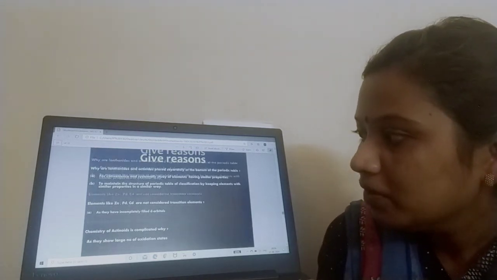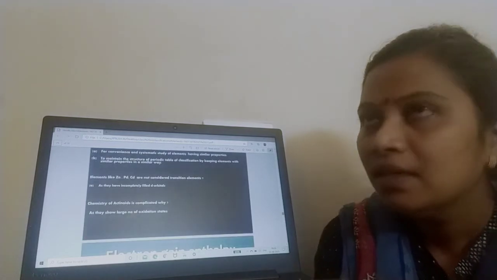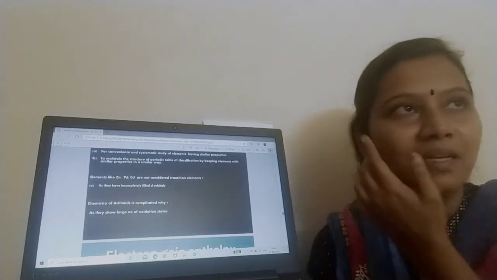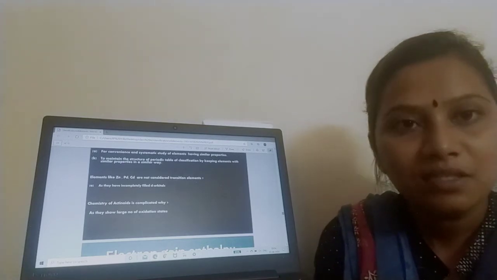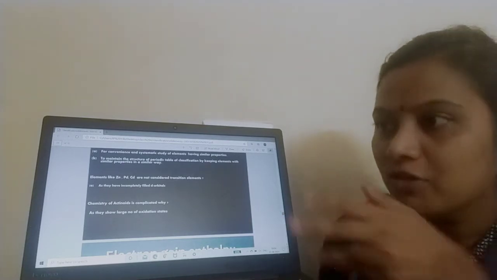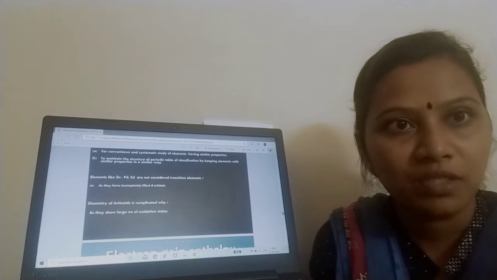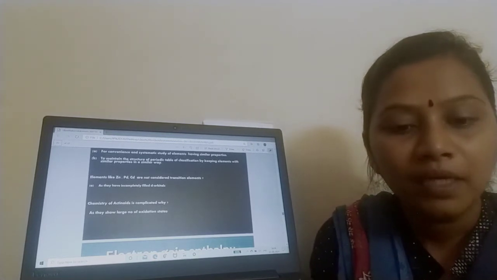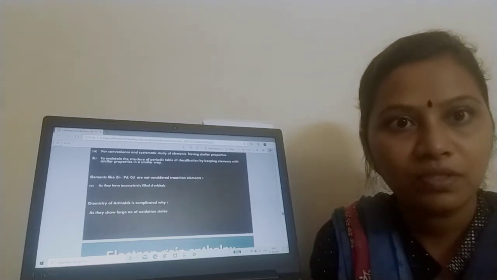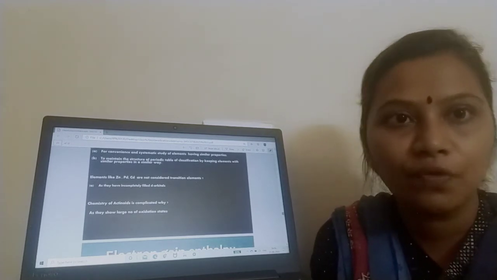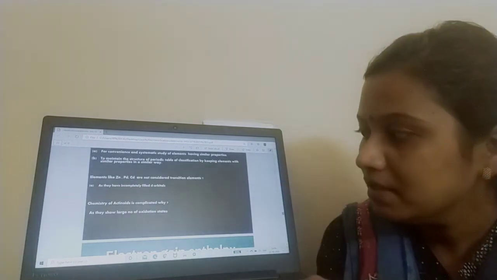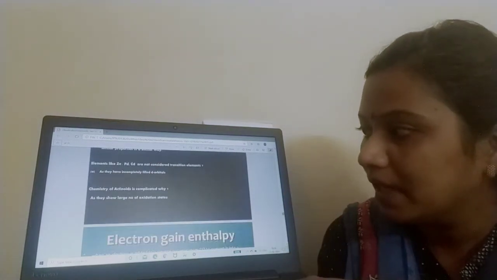When you look at the chemistry of actinoids, even while discussing the periodic table, we didn't touch much on actinoids. It is complicated, because they involve a large number of oxidation states. When they are in an oxidized state and when they are in a reduced state, they exhibit different kinds of oxidation states. That's why we are not dealing much with actinides.